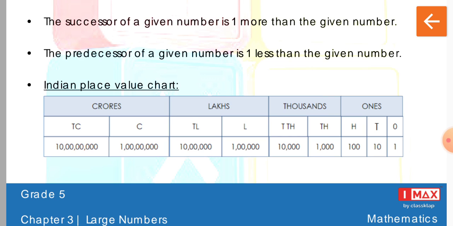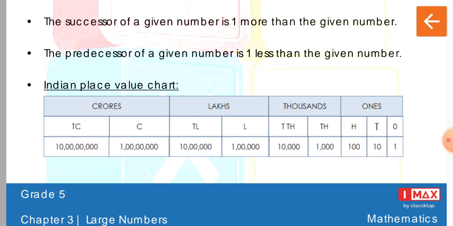Okay, and when we are writing large numbers, it will be a little bit difficult for us to read and write that number. That's why we use commas between the digits of large numbers, right? And the way to put the comma is after each period.